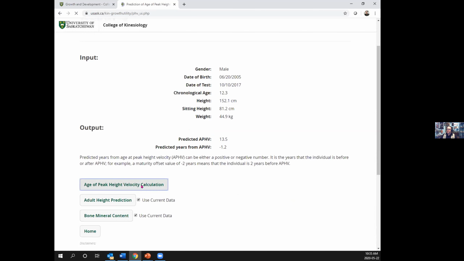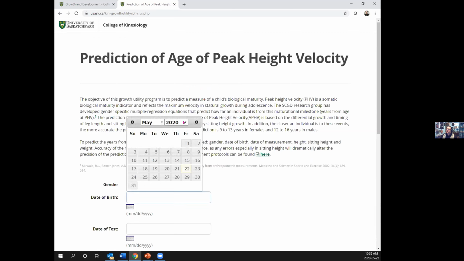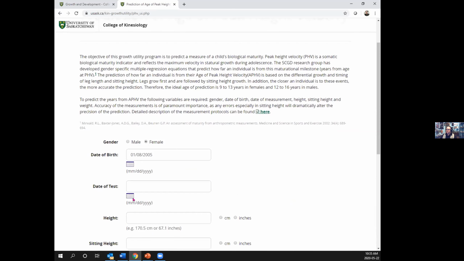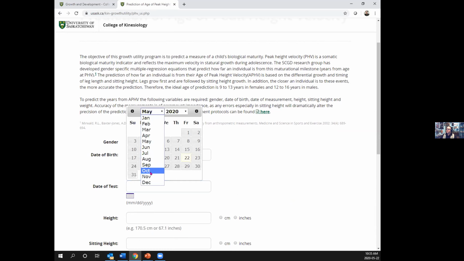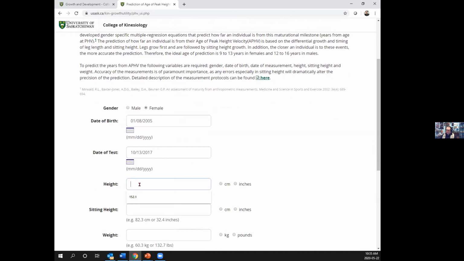And just to give you one other example, it works exactly the same. If we look at a female, again born in the early 2000s, tested in 2017, this girl had a height of 157 centimeters, so obviously taller than the boy that I just talked about.